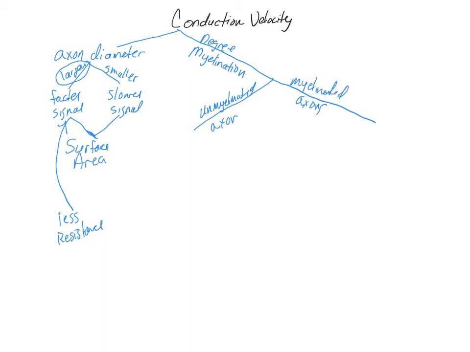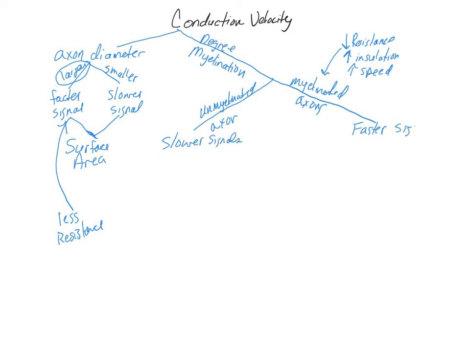And remember, myelination is going to reduce resistance, increase insulation, and overall increase speed. So myelinated are faster, unmyelinated are slower signals.